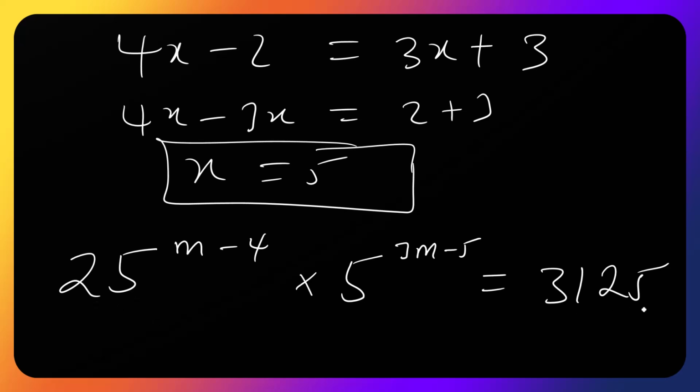And this side, I'm very sure when you keep on multiplying 5, it will give you a number. Okay. So this one is 5 to the power of a number that will give us 3125. So let's test on the calculator. So 5 to the power of which number will give you that.